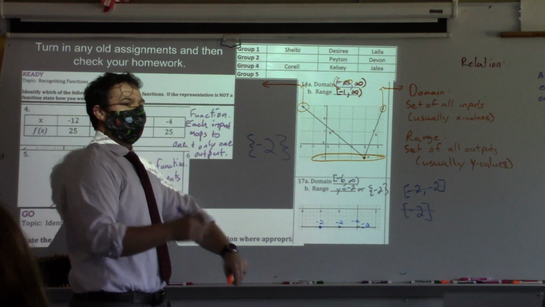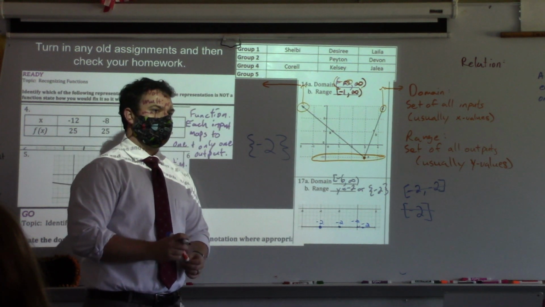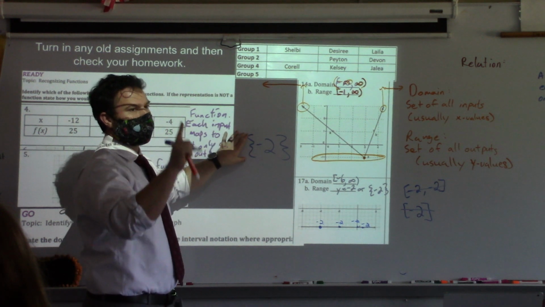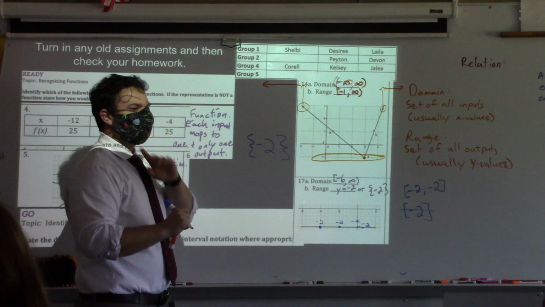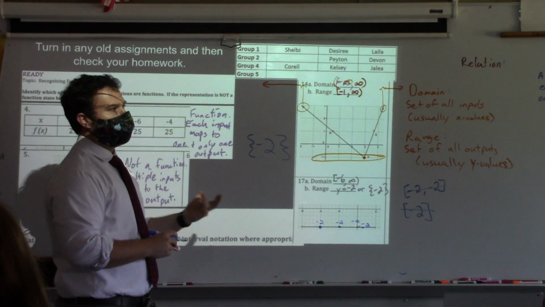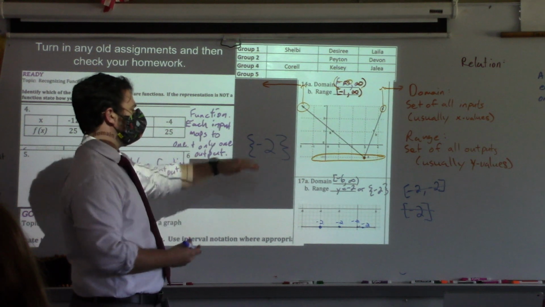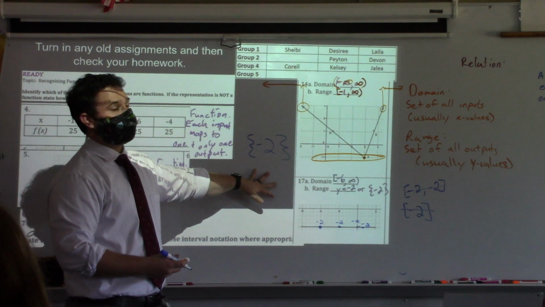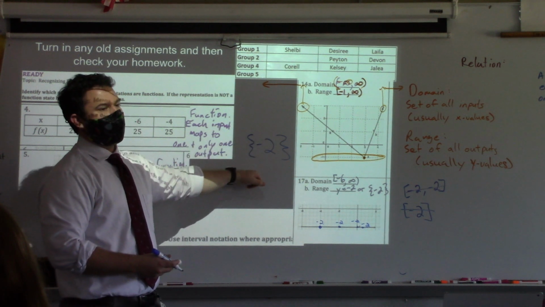Are there any other outputs other than -2? No. So then it's a set of one single number, -2. We do use curly brackets to put a system together, but is this a system? No. In order to have a system, it has to be more than one. This is known as a set.